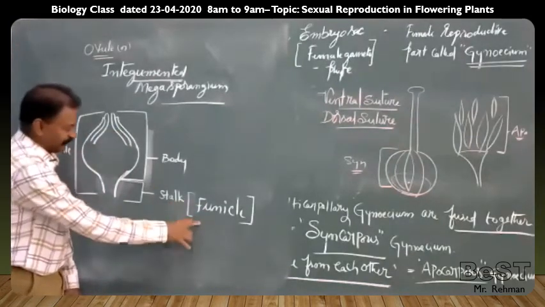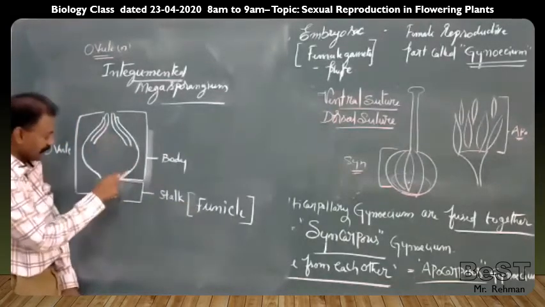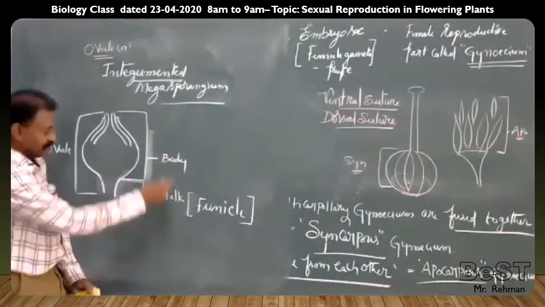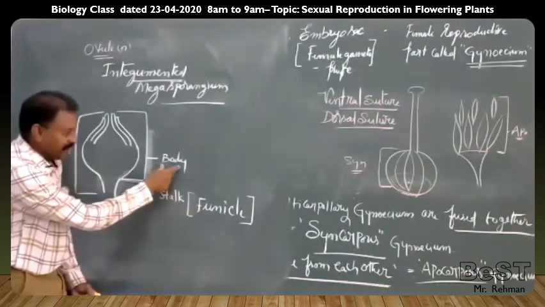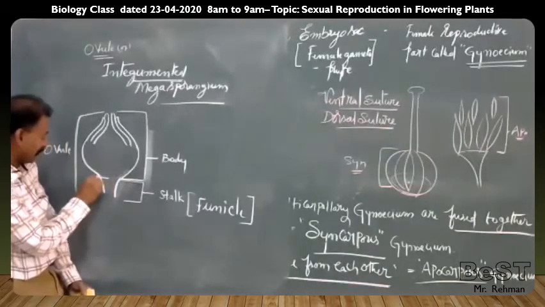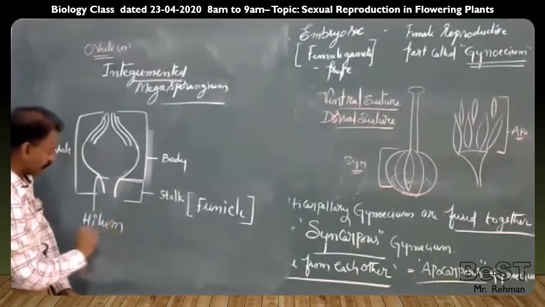The stalk or funicle is attached to the body of the ovule at a place. In the diagram you can see, the stalk is attached to the body at a place. This place is called hilum. What is hilum?